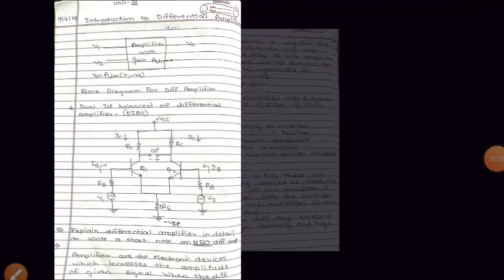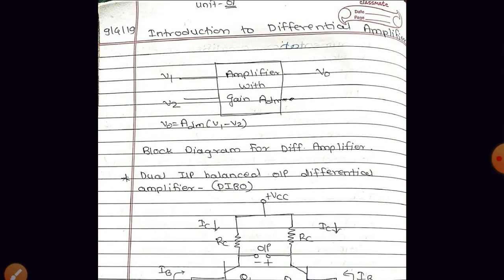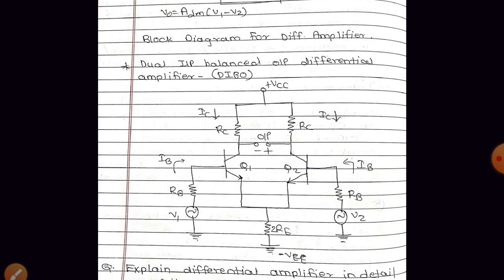Here we studied the dual input and balanced output differential amplifier. See in the diagram once again. Dual input means two inputs V1 and V2 are the AC or DC power source applied at base terminal of the transistor. We can apply a DC source also, an AC source also, so it is a versatile device.